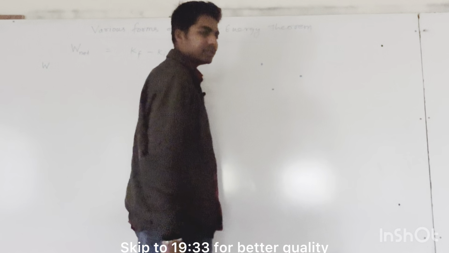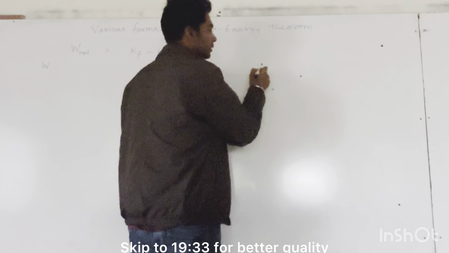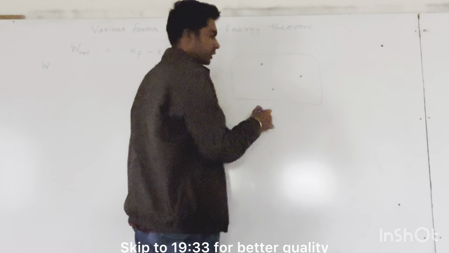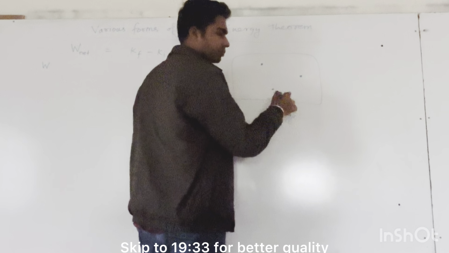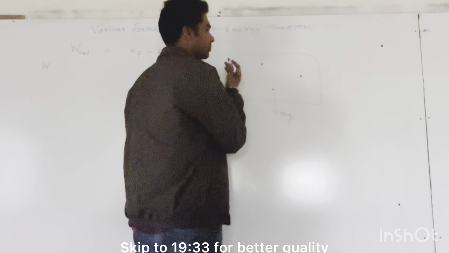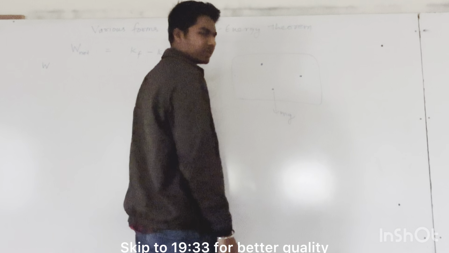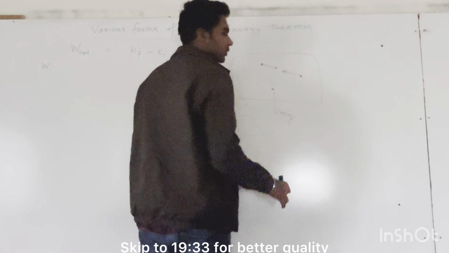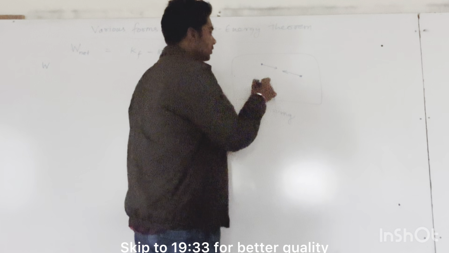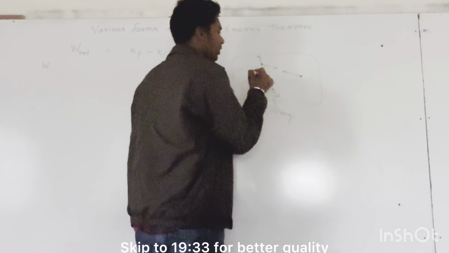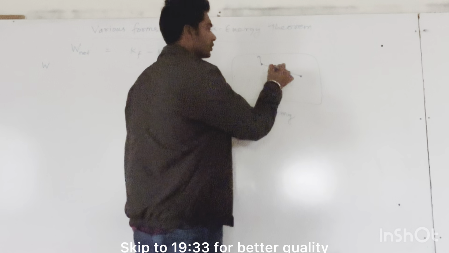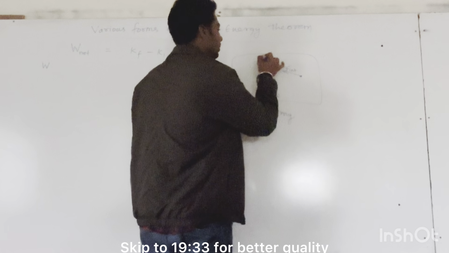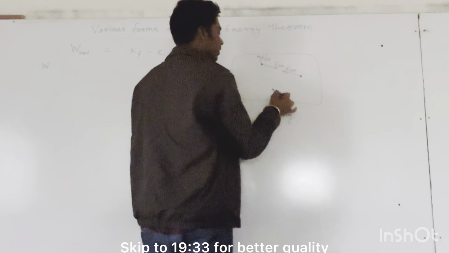Let's say three particles. These three particles may experience a force from outside, may it be gravity or some other force possible. These particles may apply some forces on each other. These forces are called internal forces, which these particles are applying on each other.